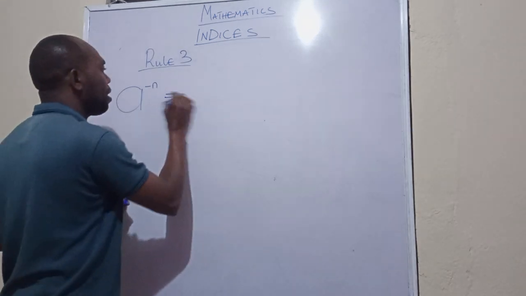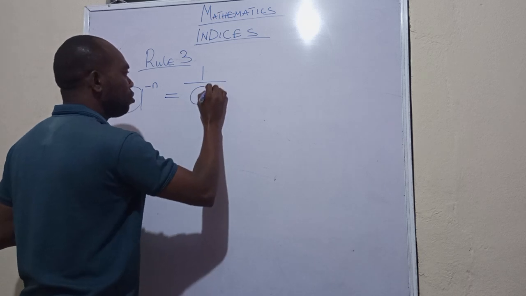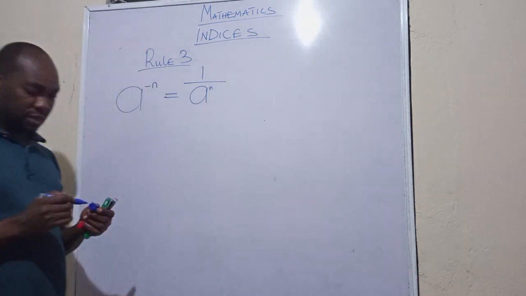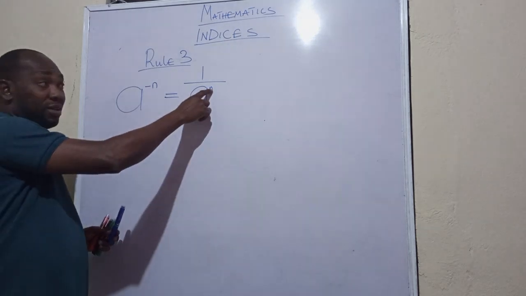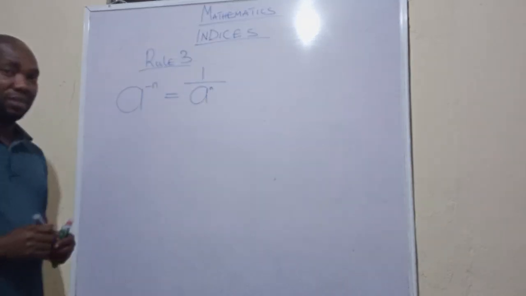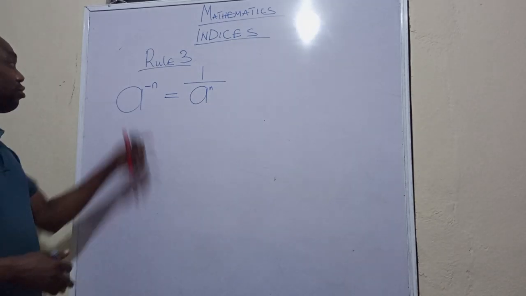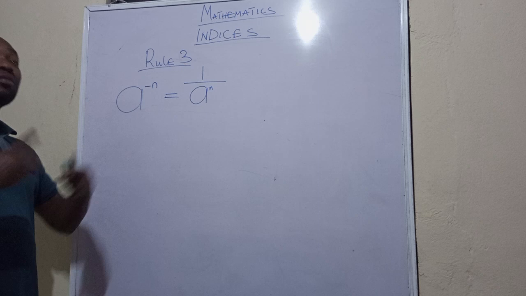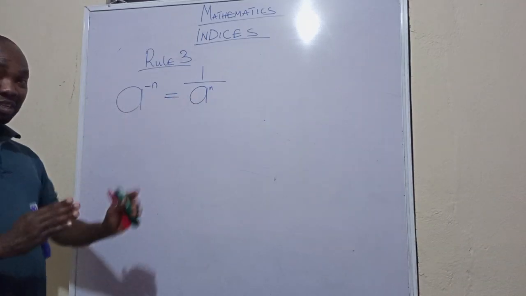Now, this is what will happen. It will now become 1 all over a raised to the power of n. In this case, a raised to the power of n is reciprocated, turned upside down, because of the minus sign. So the minus sign reciprocates a. That's what it simply means.